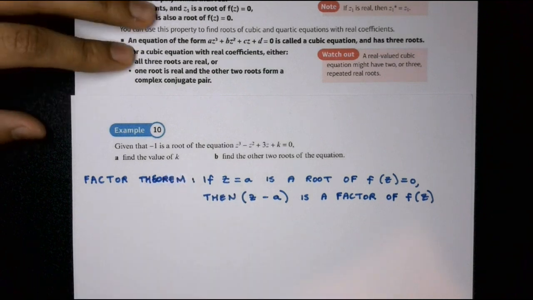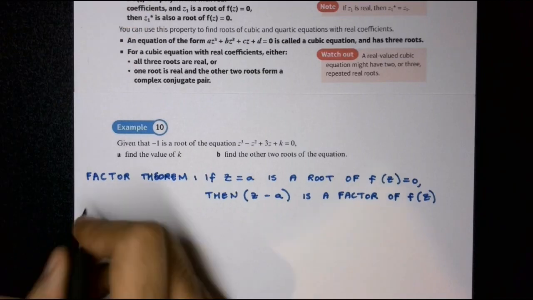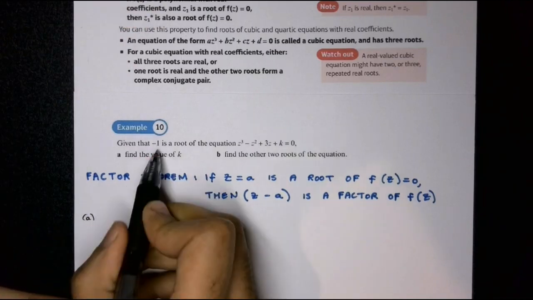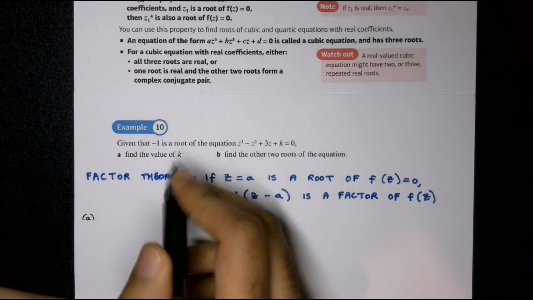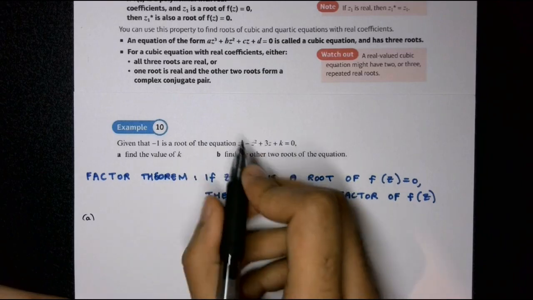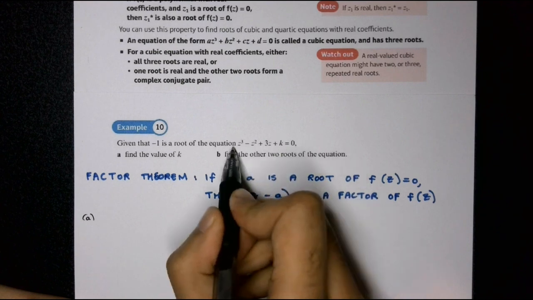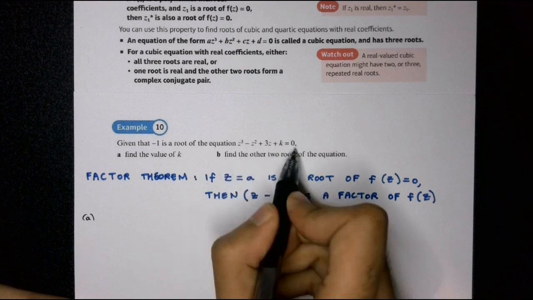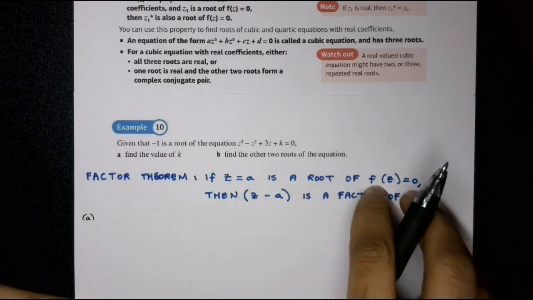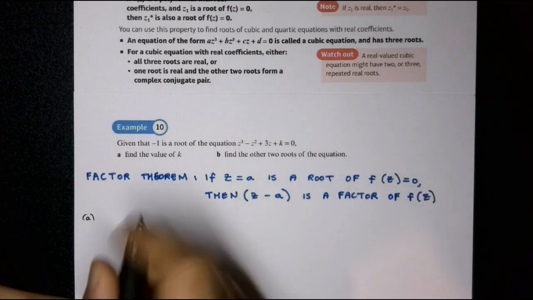So therefore, for part A of the question, if minus 1 is a root to this equation here, first of all we can let f of z equal what's on the left hand side, because we have something equals 0, so therefore f of z is that something, and that's implied over here.